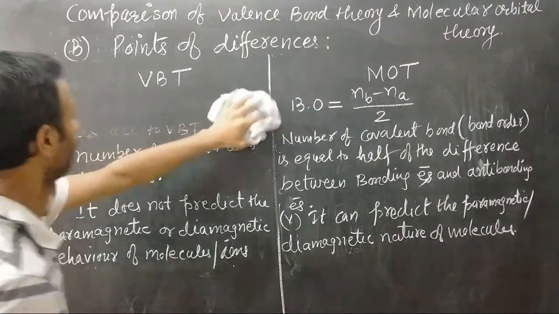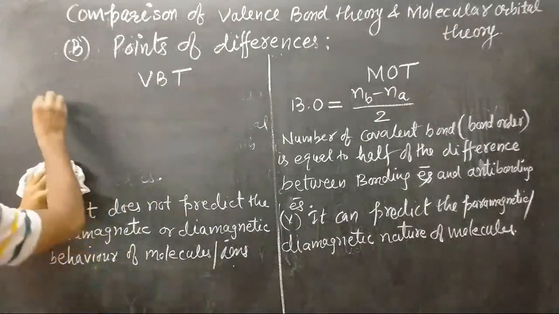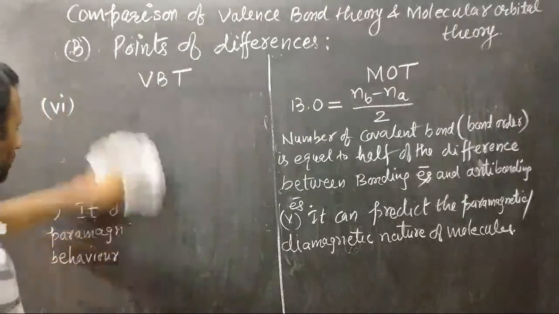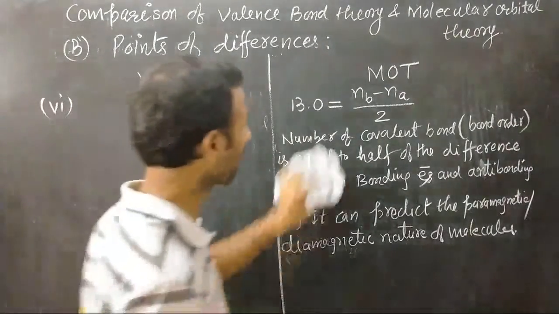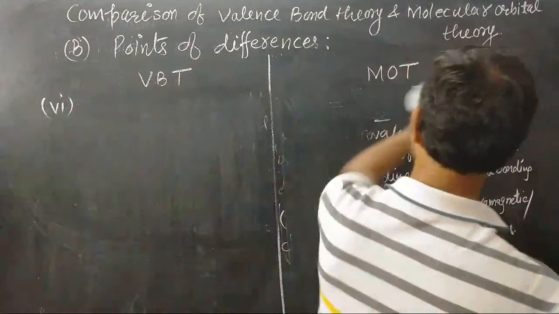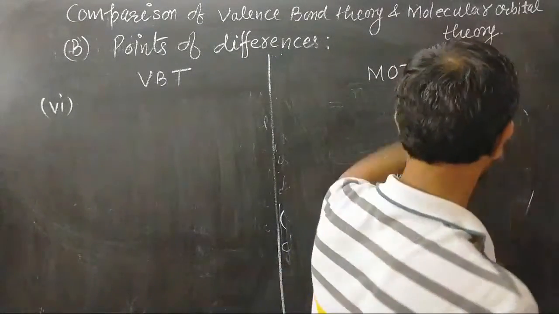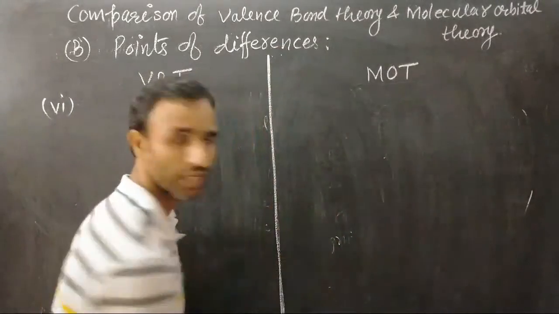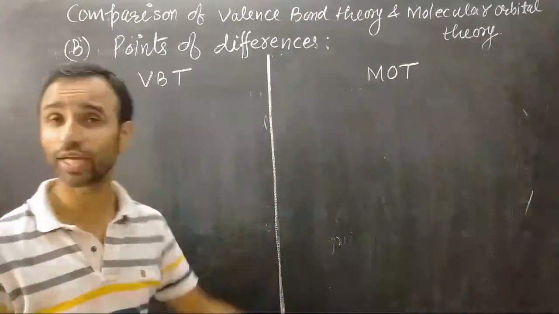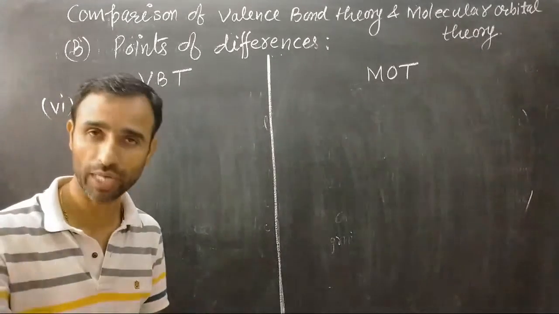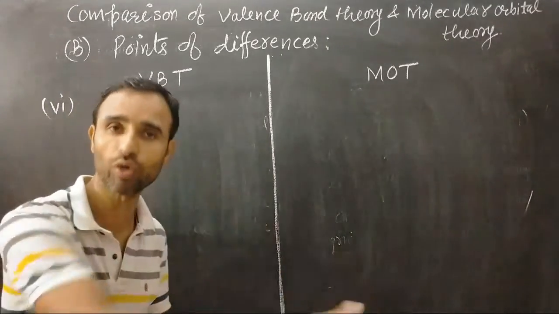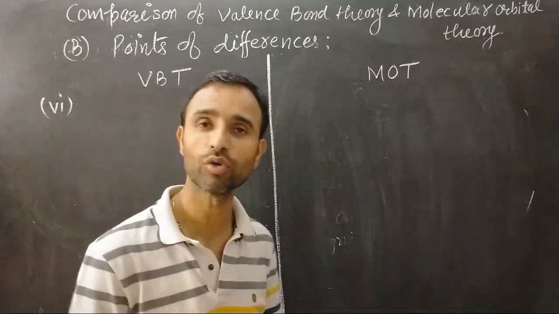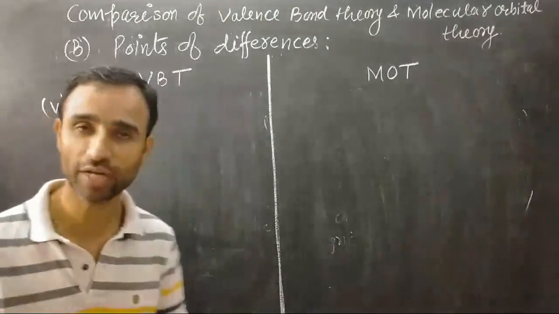Now, sixth point. Which one is easier to apply? You know, in VBT we just see the repulsions and attractions and that's all. But in MOT, we first write the electronic configuration, then count bonding electrons, anti-bonding electrons, unpaired electrons, all that we have to see.